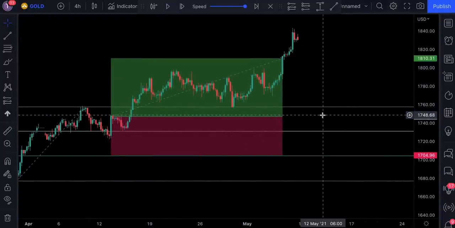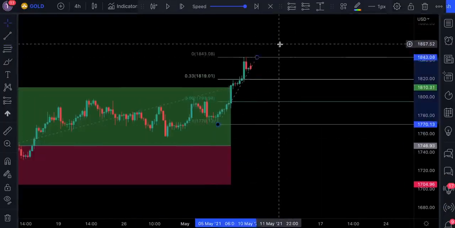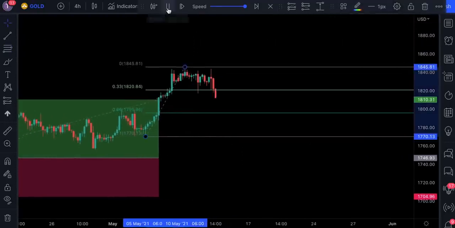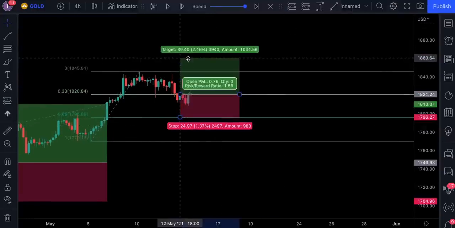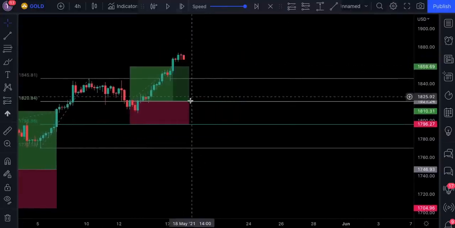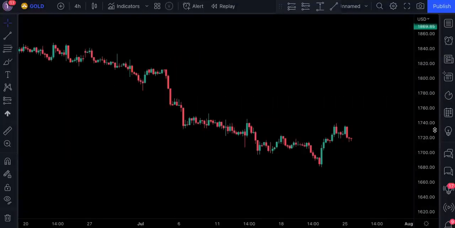And we close this trade with a nice profit. Here we see we've got another opportunity to buy. And this trade also turned out to be successful. Okay, now you know the rules for the strategy, so let's actually do our second backtesting and see if the results are any better.